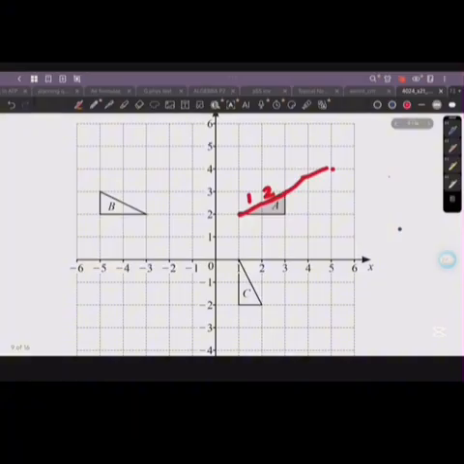Now we will take another point which can be this one. So we'll see from the center point how much distance it is. So it's 1 and 2. So we have to again multiply it with 2 because the scale factor is 2. So it will be 4. So 1, 2, 3, and 4. And this is our second point.